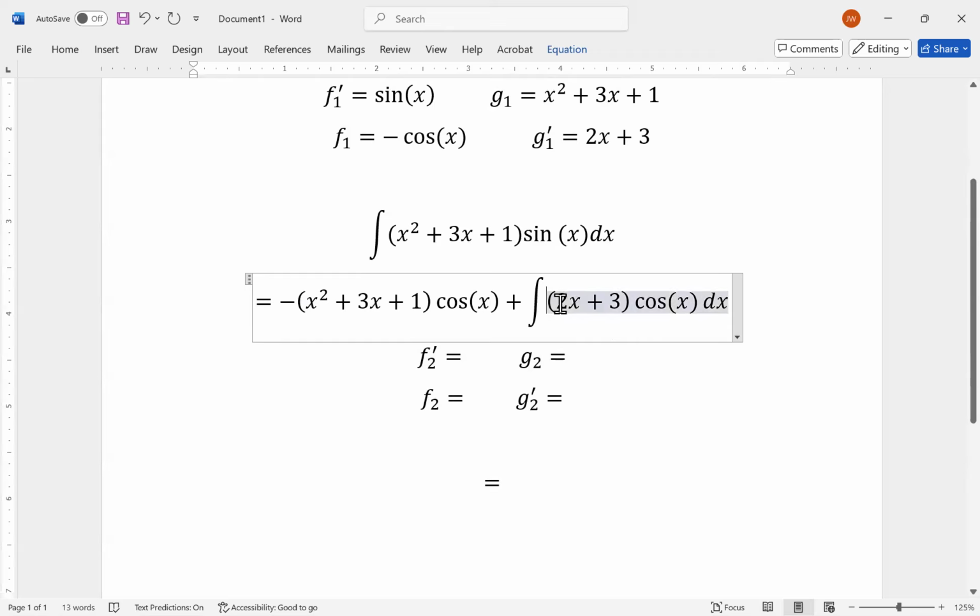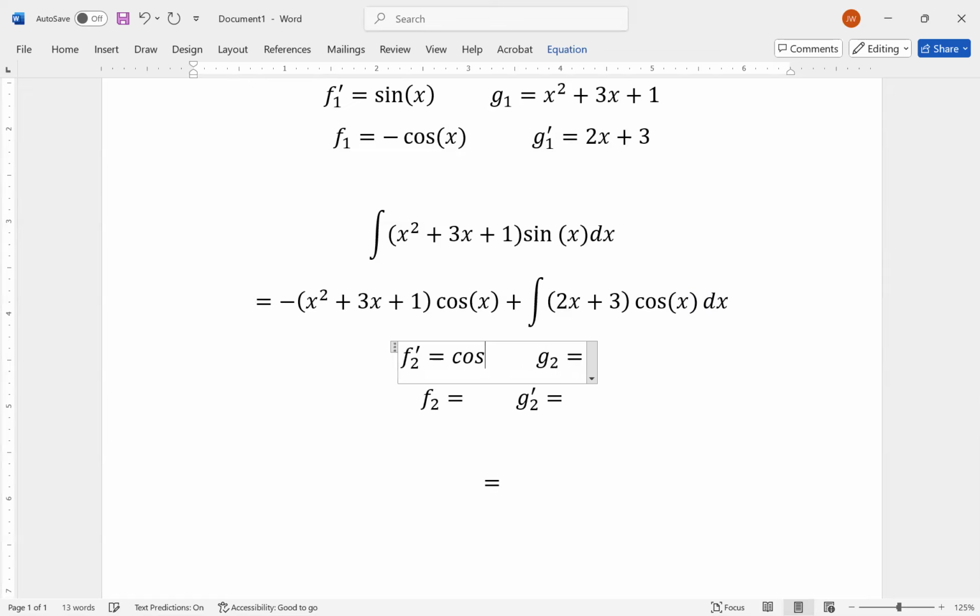Now, here I have a linear polynomial times cosine. Trying to integrate that with respect to x is going to force me to do an integration by parts on this integration. So once again, I'll let my trig function piece be my f prime.